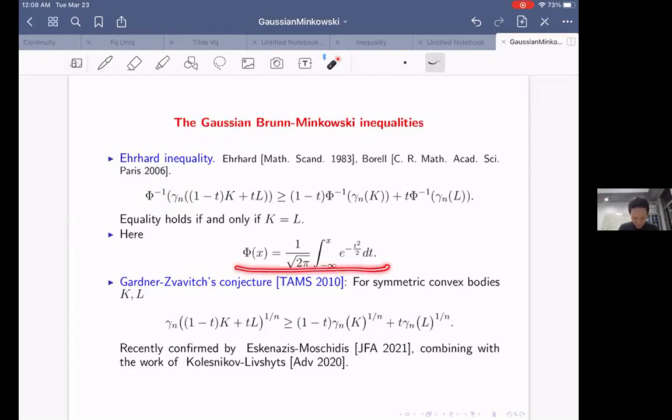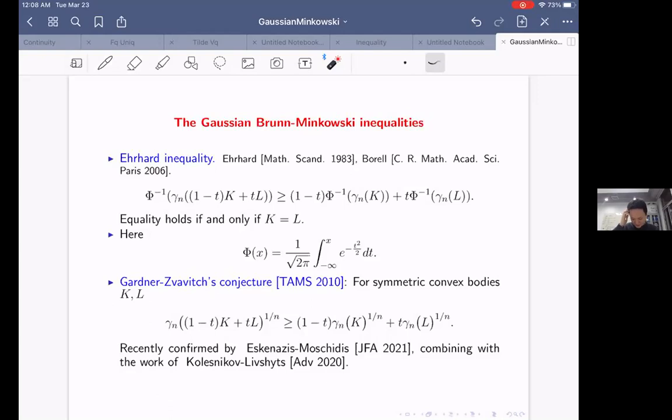Phi x is this, and phi inverse is the inverse function of phi. And the other type of Gaussian Brunn-Minkowski inequality is the Gardner-Zvavitch conjecture in 2010.